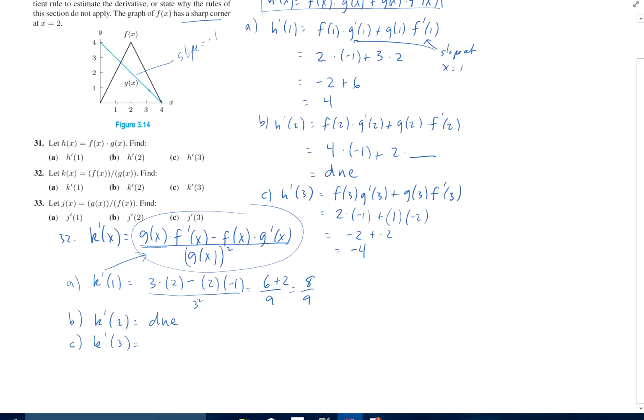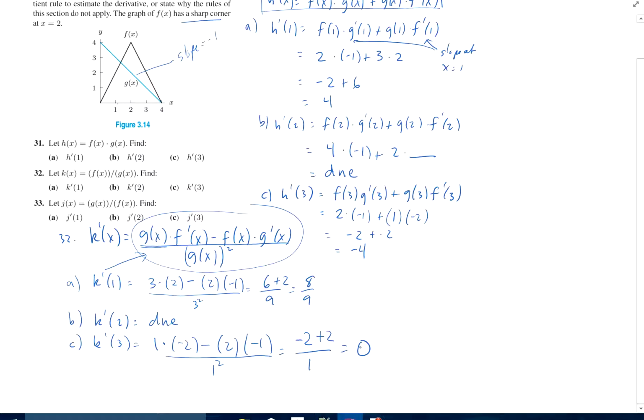G of 3 is 1 times f prime at 3, which is negative 2, minus f of 3, which is 2, times g prime of 3, which is negative 1, all over g of 3 squared. G of 3 is 1 squared. So I get negative 2 plus 2 over 1, which is 0. Well, that's kind of interesting, but it's 0.